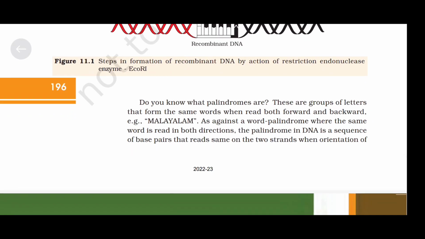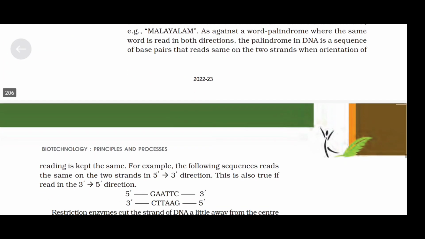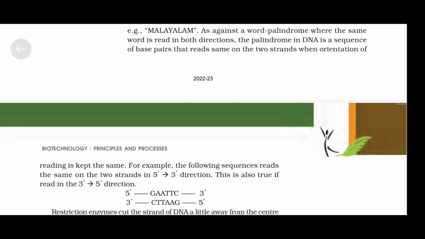Do you know what palindromes are? These are groups of letters that form the same words when read both forward and backward. Example, Malayalam. As against a word palindrome where the same word is read in both directions, the palindrome in DNA is a sequence of base pairs that reads the same on the two strands when the orientation of reading is kept the same.